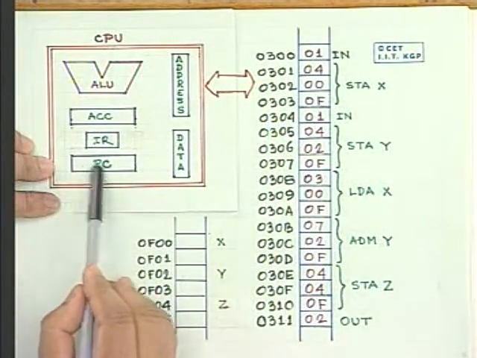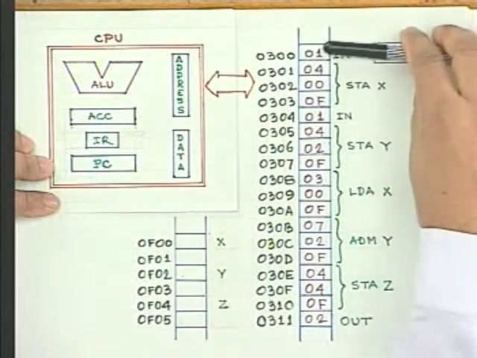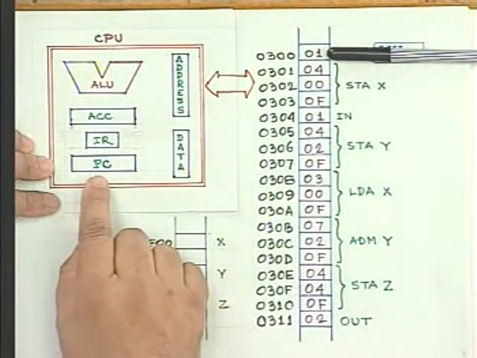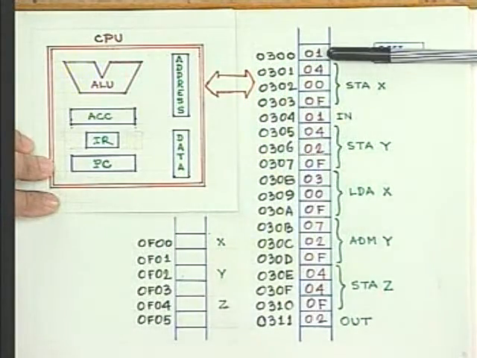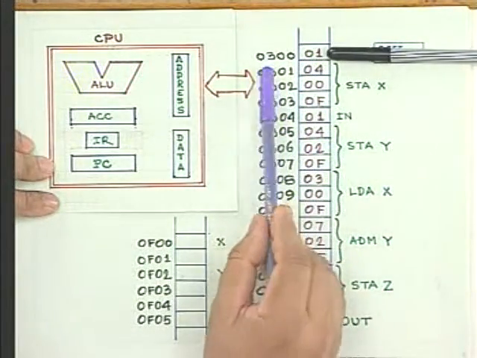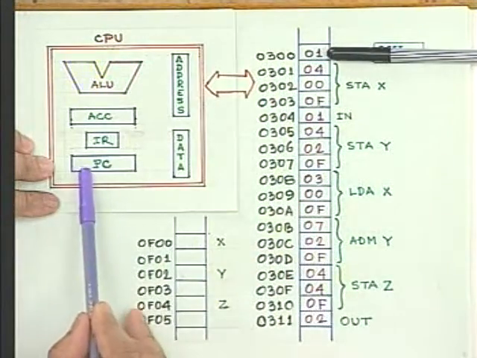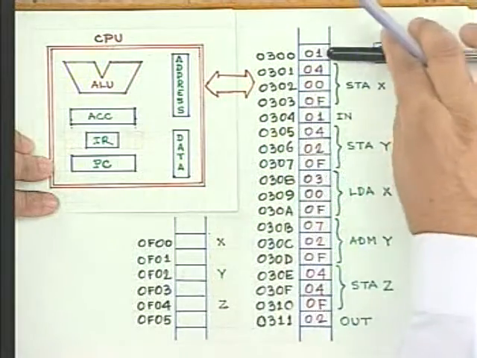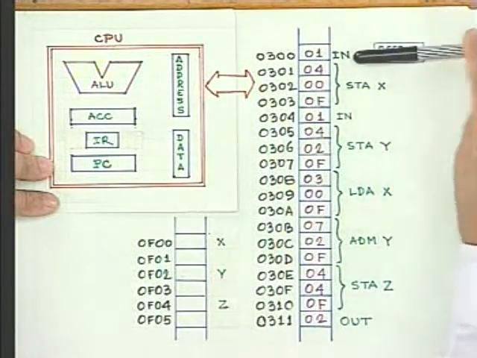This program counter is loaded with the address of the first instruction that is to be executed. That means the program counter is now containing 0300.